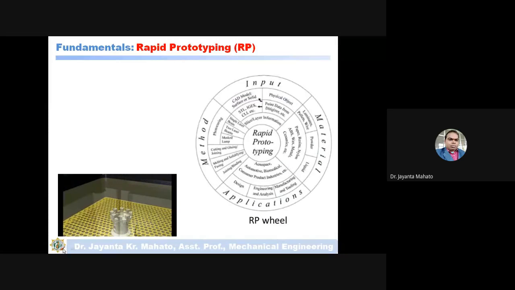So four main parameters are involved in a rapid prototyping process.